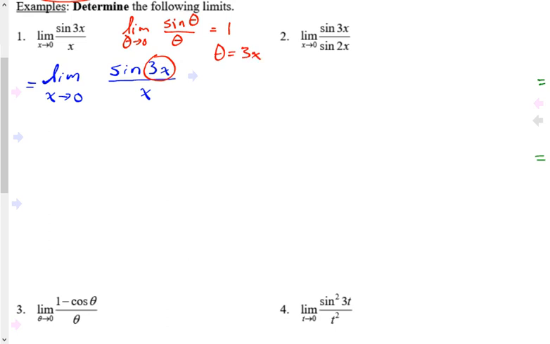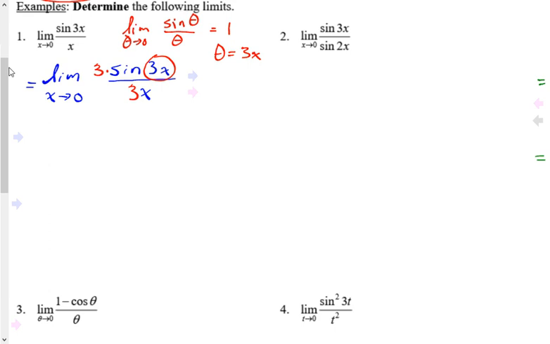But I don't have a 3x in the denominator, so I don't have a sine theta over theta. But I can get a 3 in the denominator. I can multiply 3 times the x, but if I multiply it in the denominator, I have to also multiply it in the numerator. Because then I've just multiplied by 1. I haven't changed the actual value.